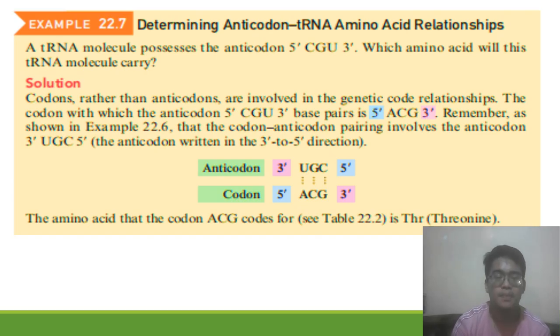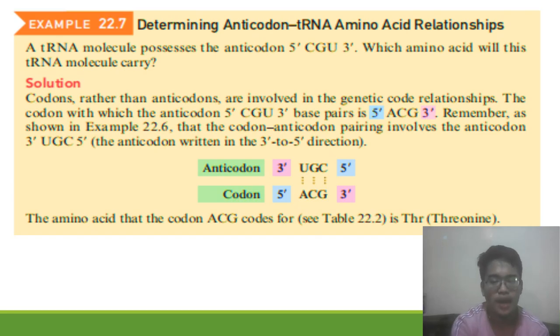Remember, as shown in the last slide, the codon-anticodon pairing involves the anticodon 3' UGC 5', the anticodon written in the 3' to 5' direction. Again, the anticodon should be written in the 3' to 5' direction.